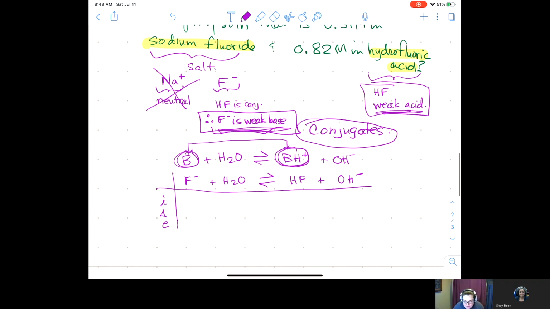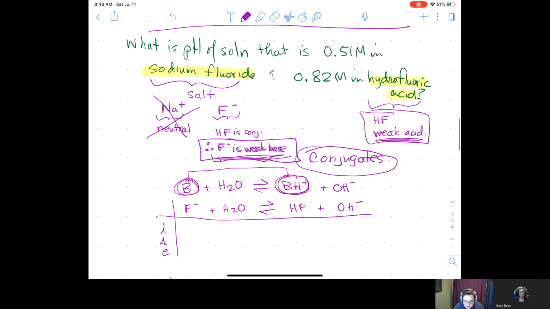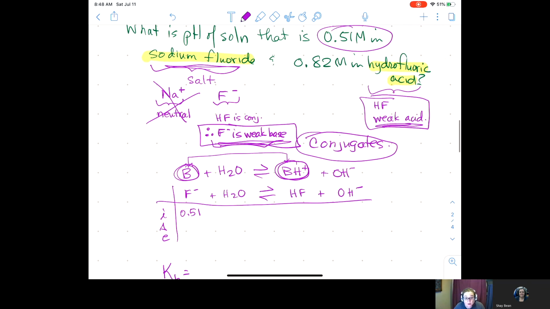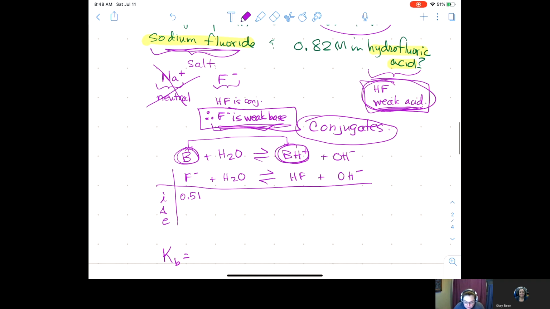I'm going to have to set up an ICE table. I'm also going to need a Kb. We'll look at that in just a minute. Let me do the ICE table first. The F minus concentration comes from the sodium fluoride, which is 0.51 molarity. Water we don't have to keep track of. The HF concentration, that weak acid, comes from the hydrofluoric acid, that's 0.82.